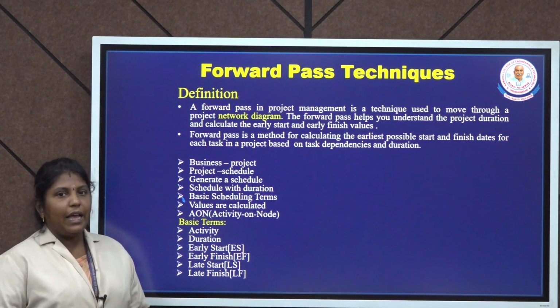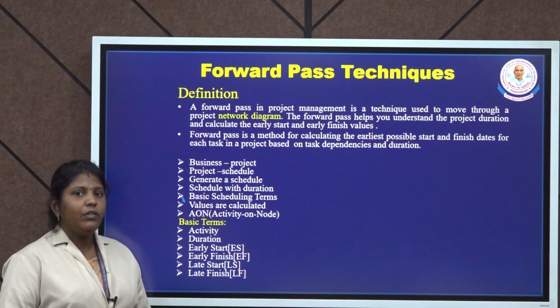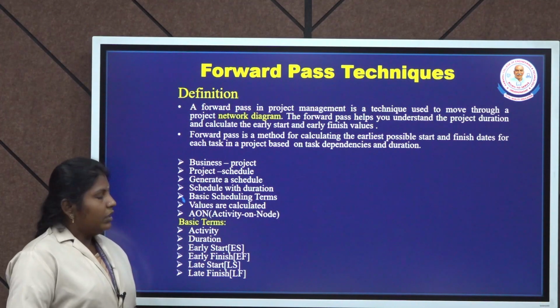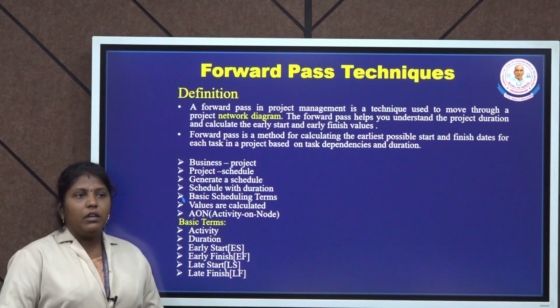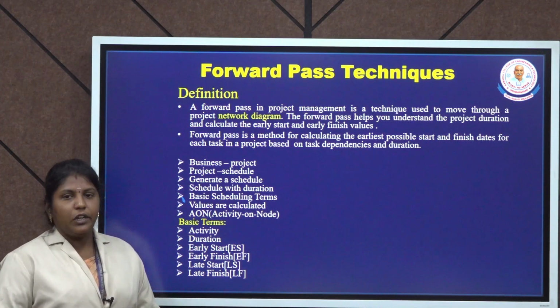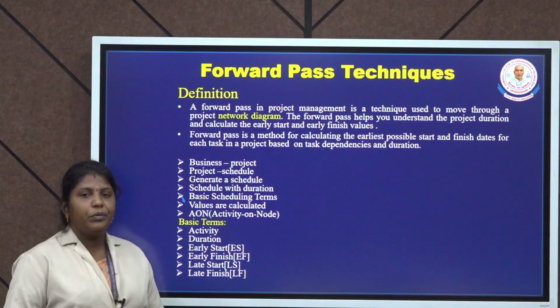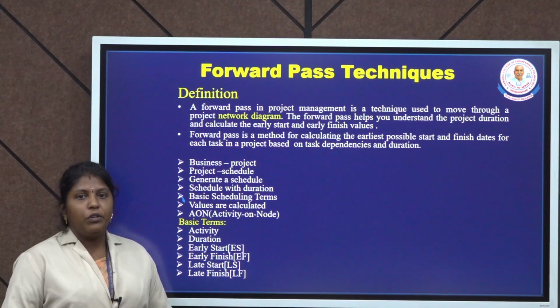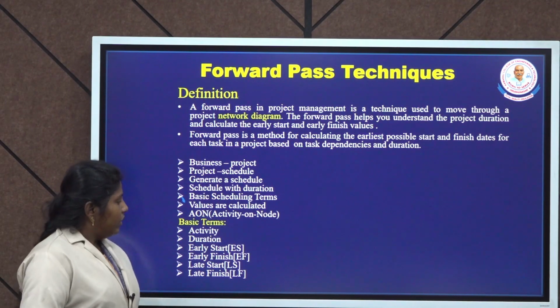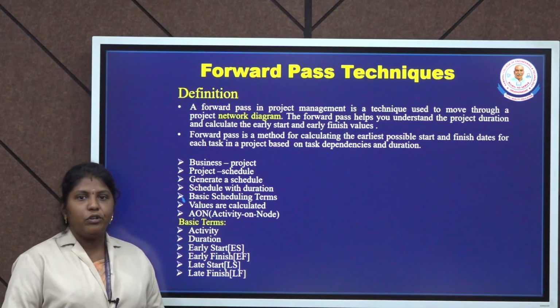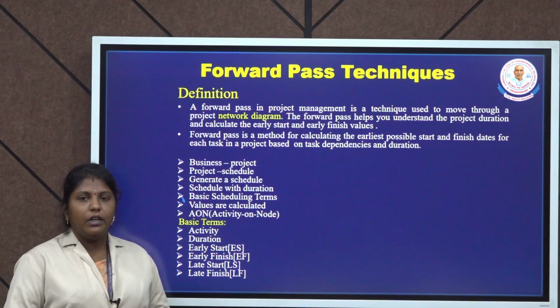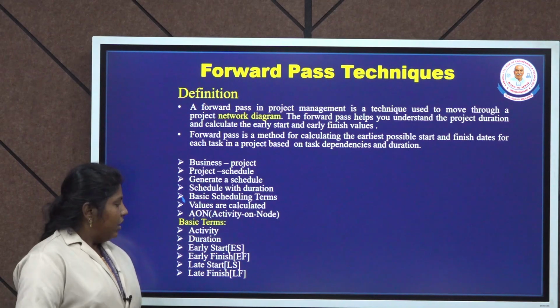So, what is an activity? Activity is the task name. What is duration? Duration is the amount of time required to complete the project scheduling for the given activity. Early start means starting the project scheduling activity at the earliest.